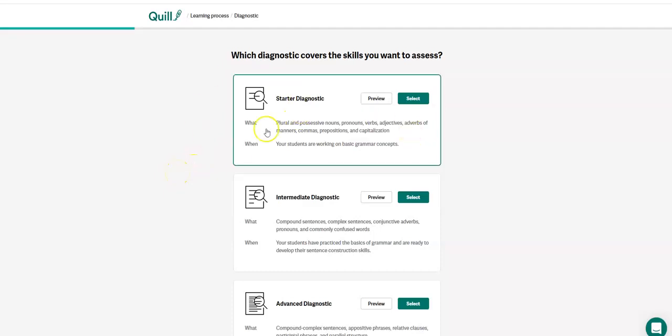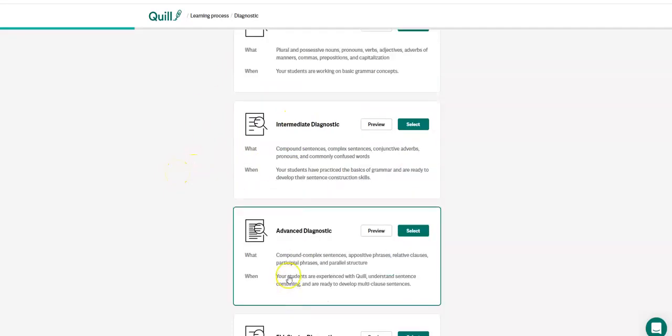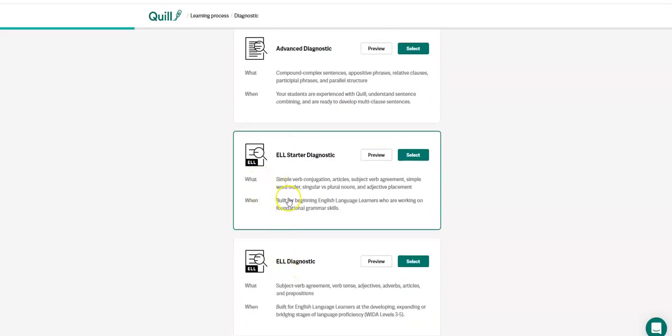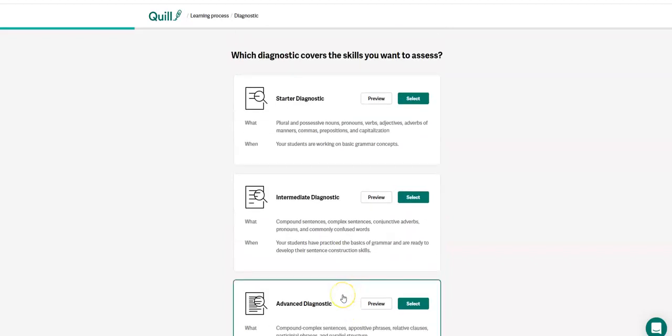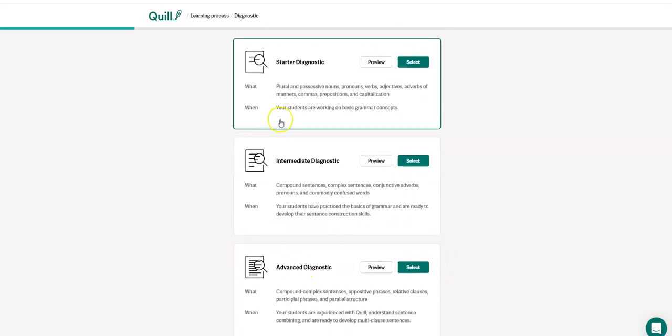I have the starter, intermediate, or advanced diagnostic, and then I have the ELL starter and regular diagnostic. Now, there are a couple differences in these. With the starter, you're going to be working on plural and possessive nouns, your pronouns, basic verbs and adjectives.